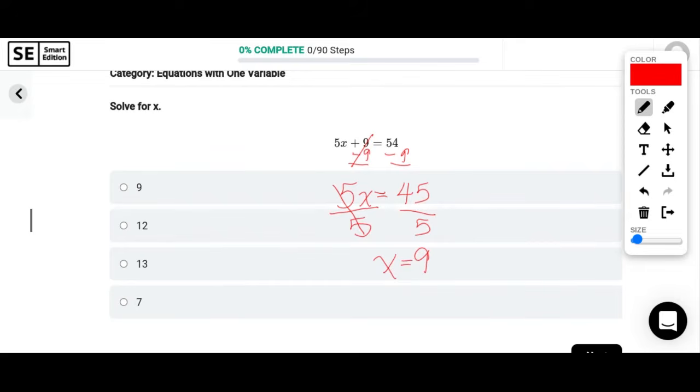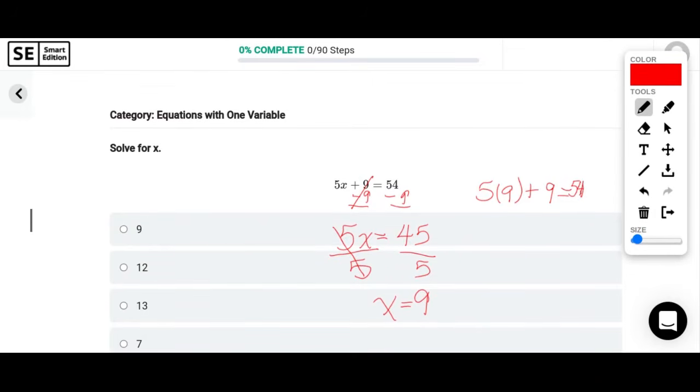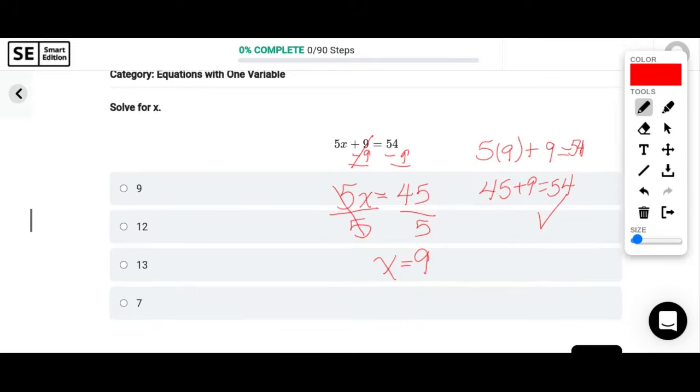If you go back and plug it in, that's always a great way to check, and it only takes a quick minute. So this should equal 54, which it does. We have 5 times 9 is 45, plus 9 equals 54. It checks out, so we know we did it right. Okay, so final answer, x equals 9.